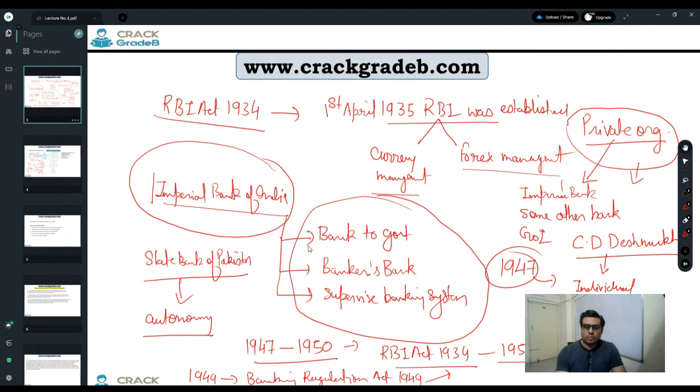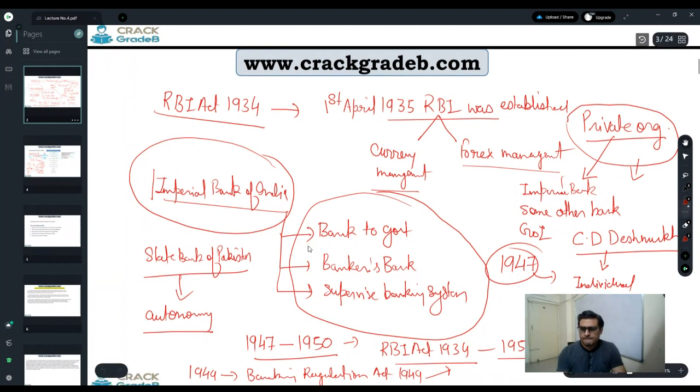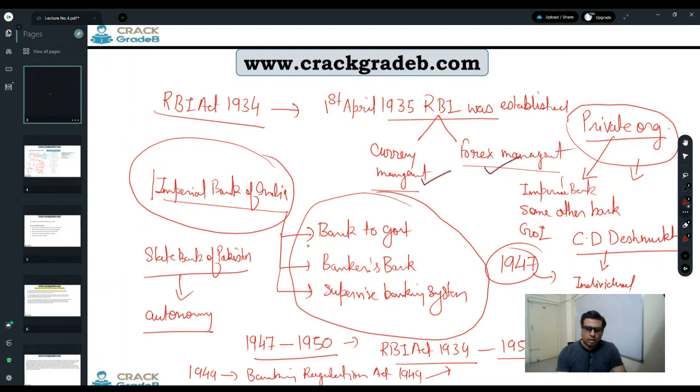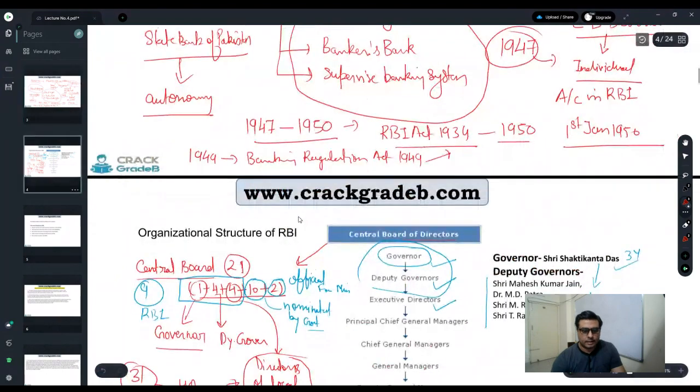Initially, it was responsible for currency management and forex management, but later on through the Banking Regulation Act, RBI got the power of monetary policy management and other powers apart from currency and forex management, right? And I also told you about the contribution made by CD Deshmukh in the last lecture, right?